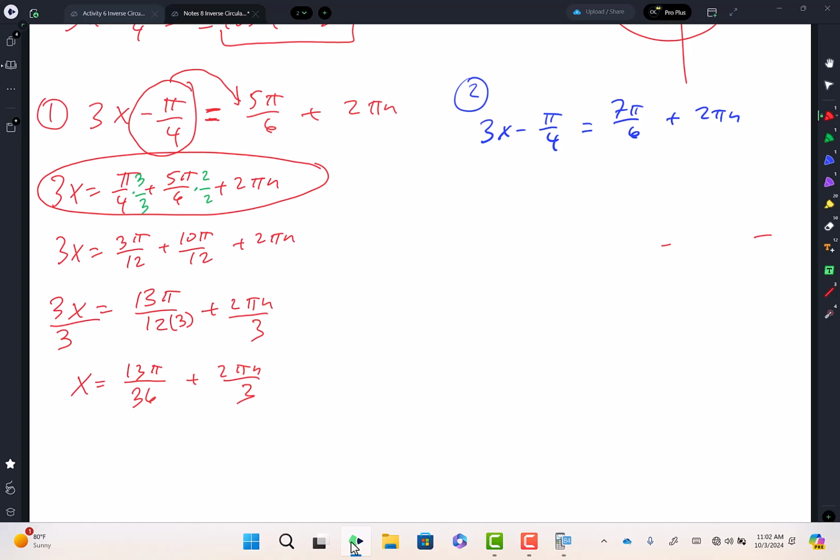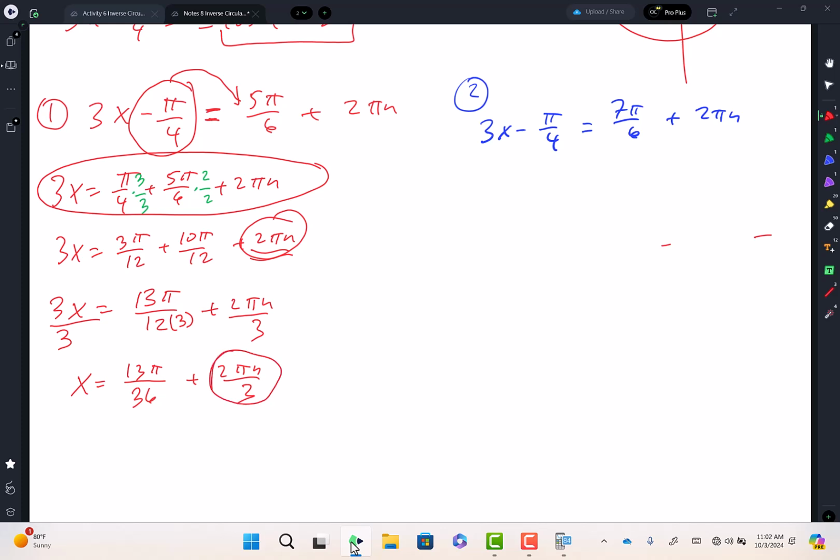So why did you replace the 1 with the 2 pi n? Oh, I didn't. The 2 pi n was already there originally from way back here. I thought you were initially asking why I didn't do common denominator there. But no, the 2 pi n was already there, and I just divided everything by 3, right? So I never did anything with the 2 pi. I just left it there, and I divided by 3.